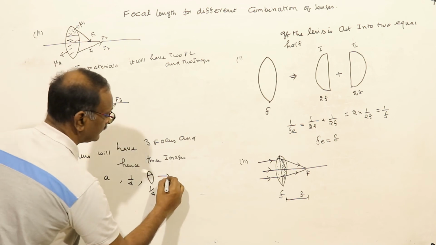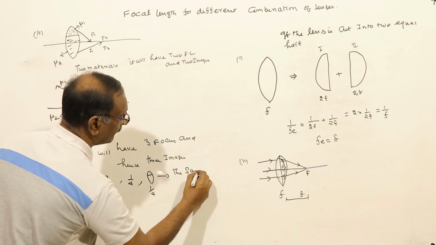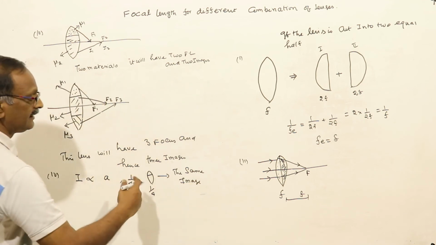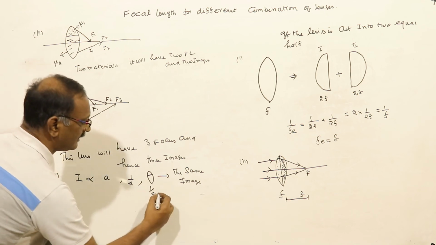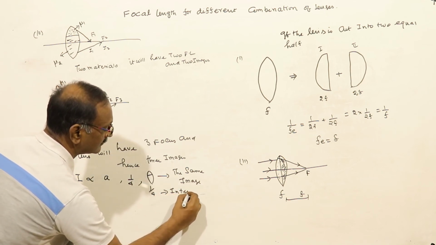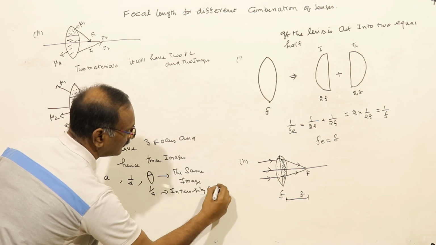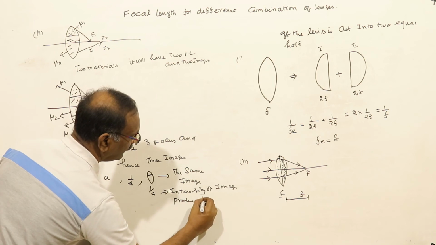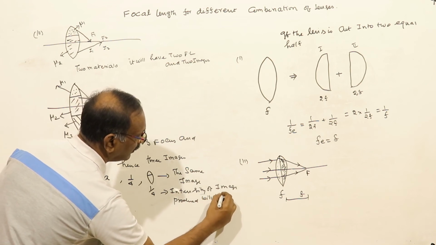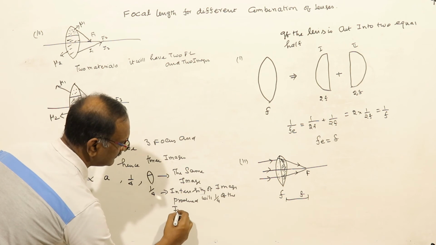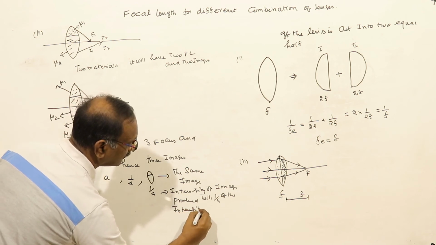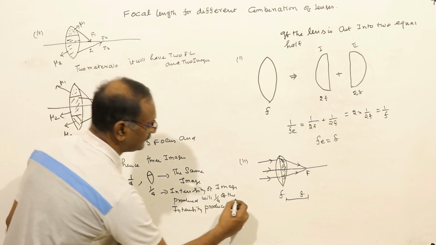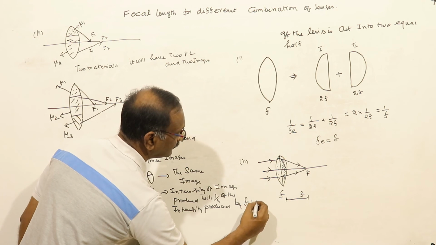It will produce the same image, but the intensity of the image produced will be 1/4 of the intensity of the image produced by the full lens.